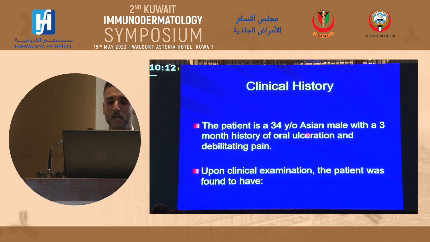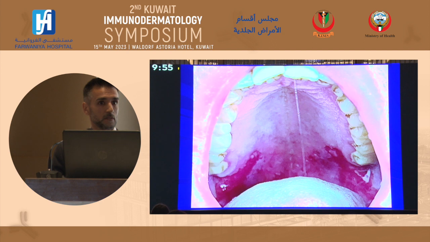Upon clinical examination, the patient was found to have these palatal ulcers. Even from this distance, we can tell that the ulcers are somewhat deeper. Getting closer to the ulcer, we see that, yes, this ragged ulcer is definitely deep.